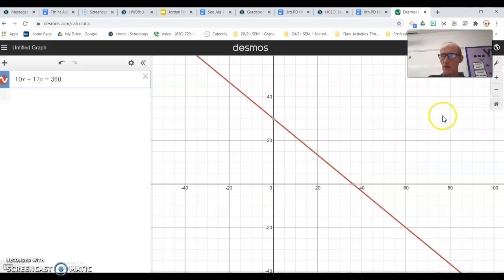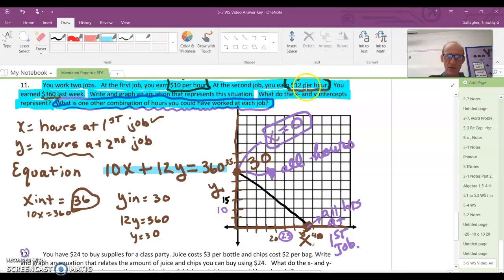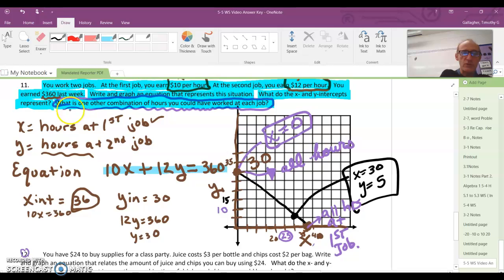And I'm going to take this point right here, which is 35. So x is 30 and y is 5. If I put a point right there, x equals 30 and y equals 5, that's another point that you could have as a combination of hours.